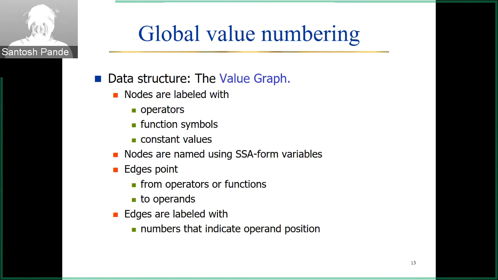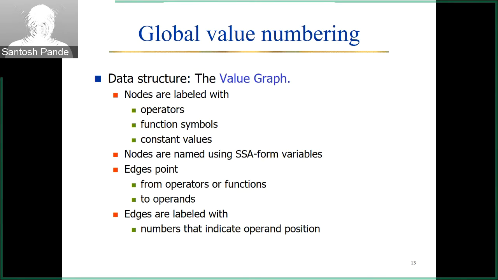So the nodes are again labeled with operators, functions, or constant values as I named. The nodes are named using SSA variables. That is another thing that we already saw. And then from operators or functions there are directed edges to operands. That's also something we saw.